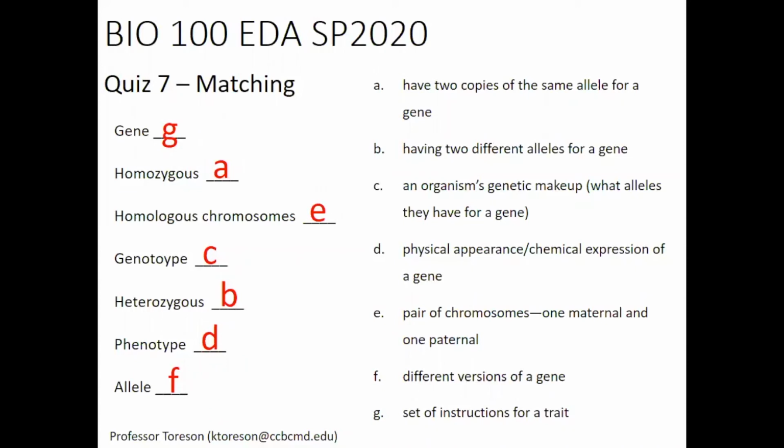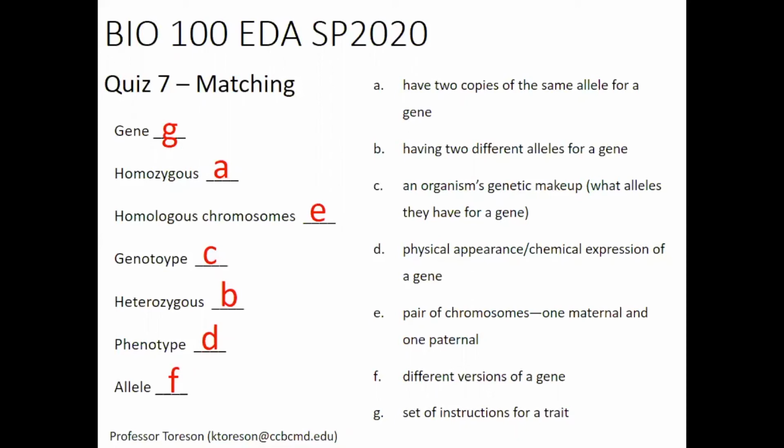A genotype is an organism's genetic makeup, essentially what alleles they have for a given gene. So a genotype could be homozygous dominant, homozygous recessive, or heterozygous.